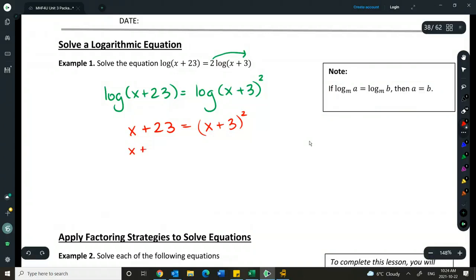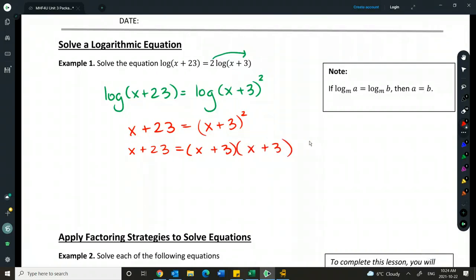So I'm going to expand over here. This is not x squared plus 9. I don't distribute a squared, just like I don't distribute a logarithm. Squared means times that thing by itself. Then you need to FOIL.